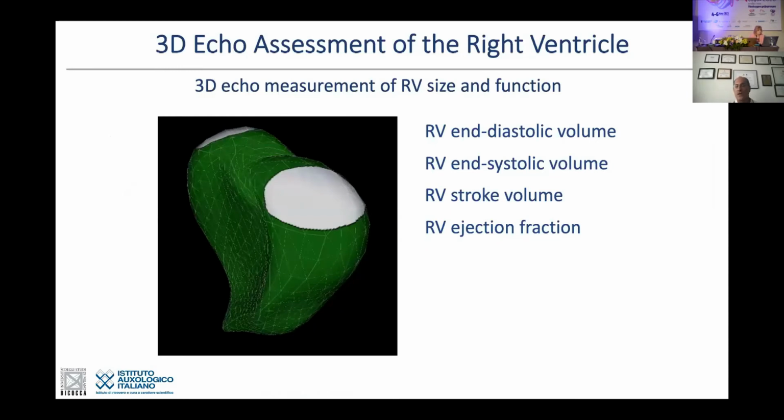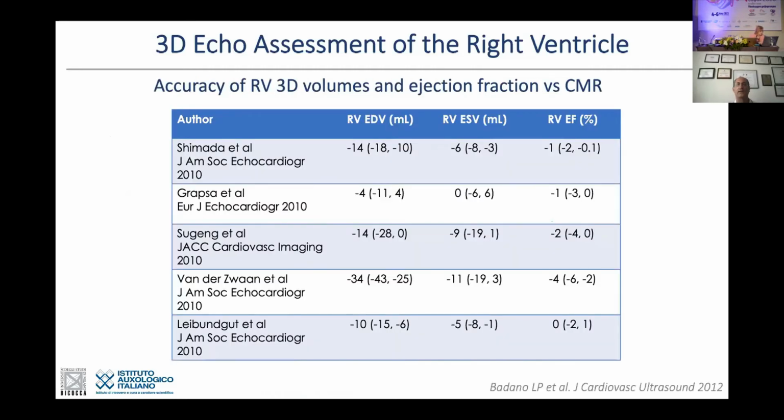With the 3D echo, we are able to measure the volumes and the ejection fraction, and those measurements are quite accurate. This is a meta-analysis that we published several years ago, showing the results of all the studies, more than 1,500 patients who underwent 3D echo and CMR almost simultaneously.